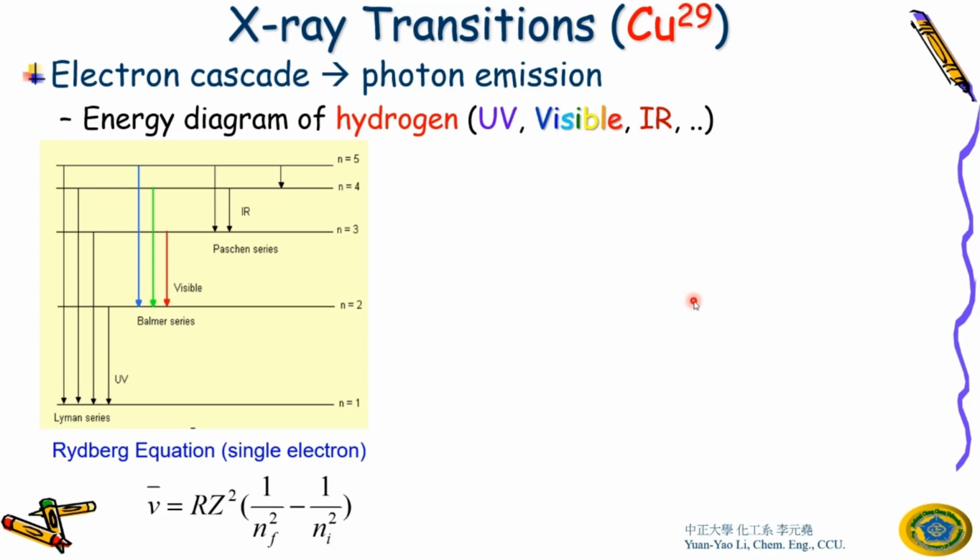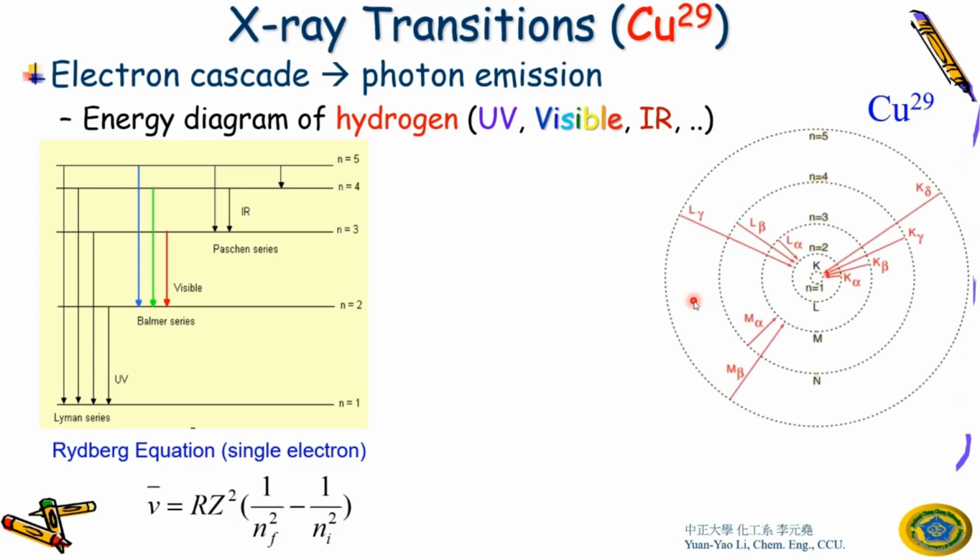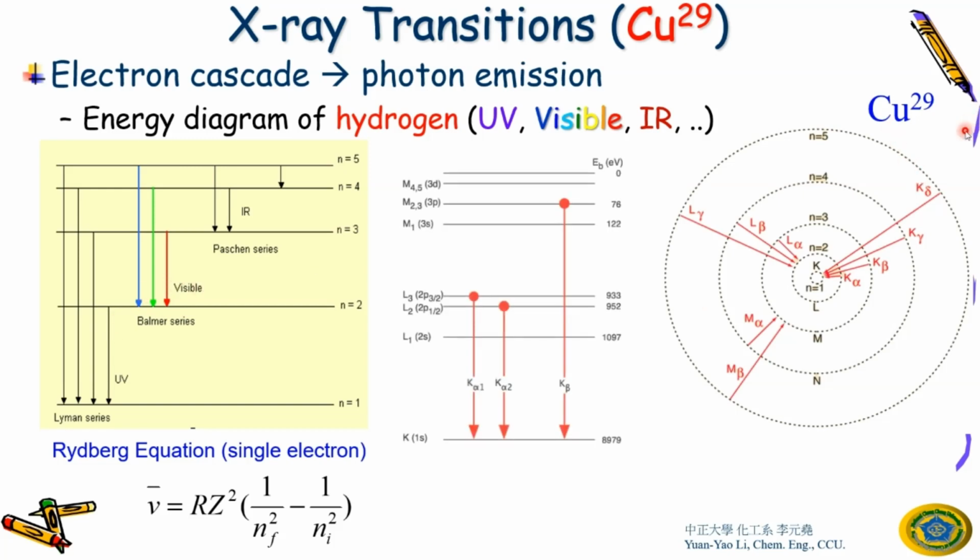So the energy diagram of hydrogen looks like this. And how about copper? Copper has 29 electrons, while hydrogen has only one electron, right? So we have K alpha 1, K beta.